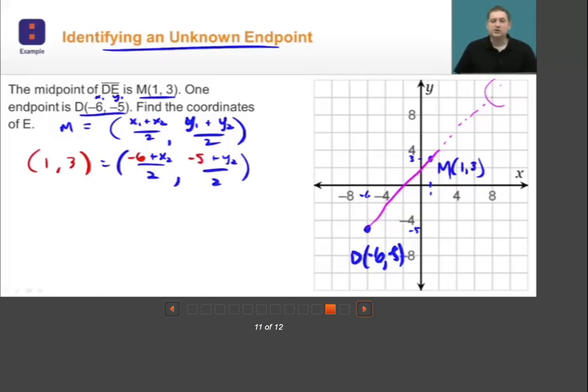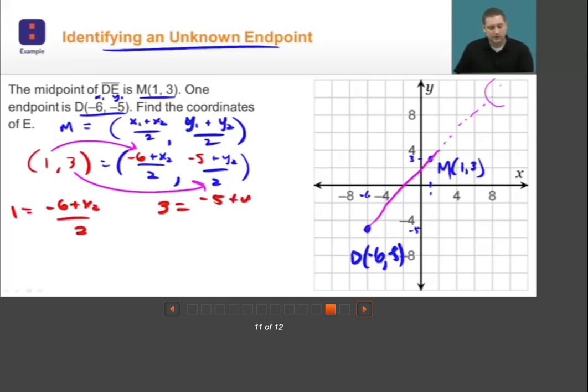So what we can do is actually utilize this midpoint formula and set up two equations. 1 equal to a -6 plus x sub 2 over 2, and 3 equal to a -5 plus y sub 2 over 2. Because we know that 1 is the x coordinate of the midpoint, and 3 is the y coordinate of the midpoint.